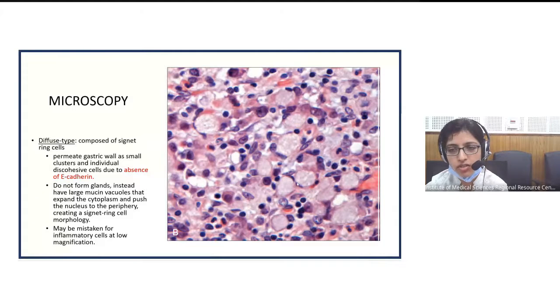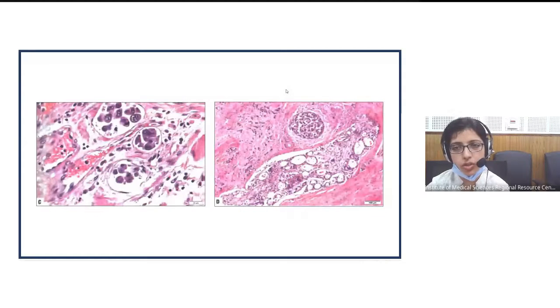Here again, you see this very thin elongated nucleus at the periphery, at one end, and the rest of the cell is all filled with mucin. It may be mistaken for inflammatory cells at low magnification, so we really have to go to higher power to confirm that these are actually signet ring cells, and so this is a diffuse type of gastric adenocarcinoma.